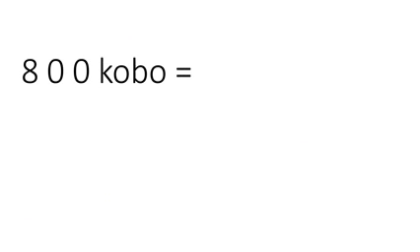So in this case, our number one said we should convert 800 Kobo to Naira. The first thing I'm going to do, since I want to convert to Naira, is write my Naira sign. Then I will write the 800.